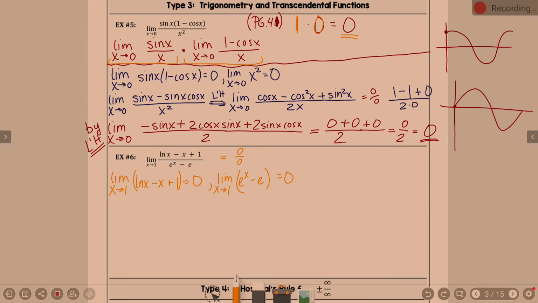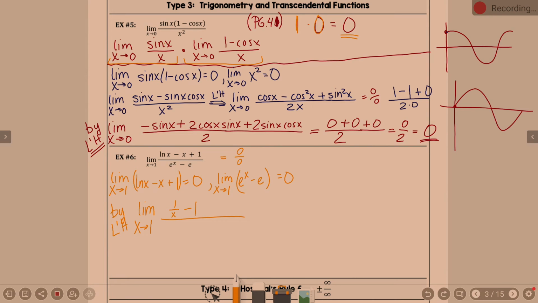So, I'm getting lazy here. I'm going to say by L'Hopital's and go straight into my limit there. Or getting stressed about time, one of the two. Both. Okay, limit as x approaches 1. Derivative of the numerator: derivative of natural log of x is 1 over x, minus 1 plus 0.